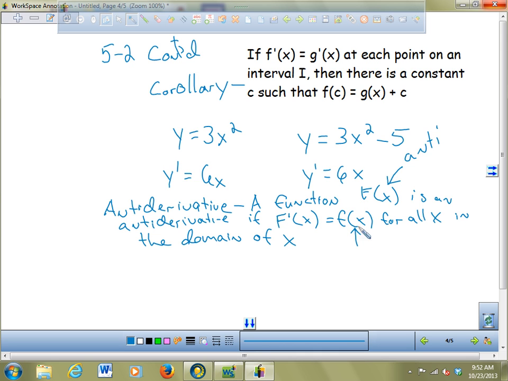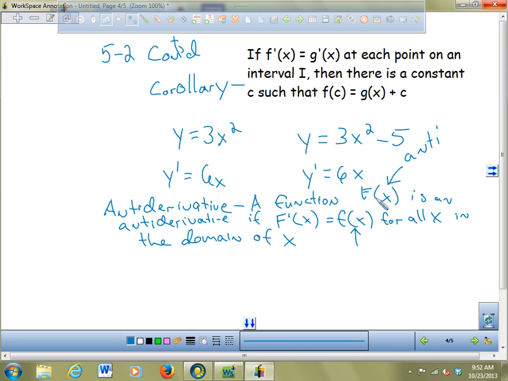Usually what they'll give you is f of x. What you're trying to find is the function that, when I take the derivative of it, I get this function. So this would be the antiderivative.